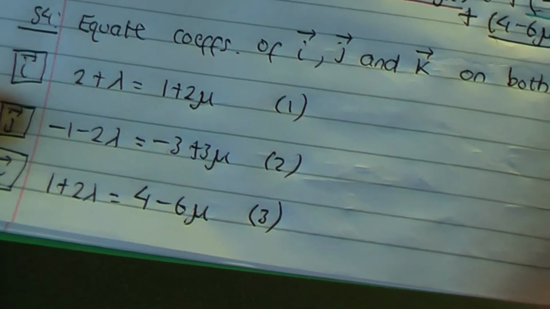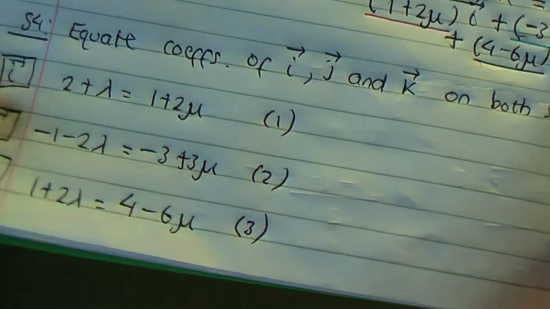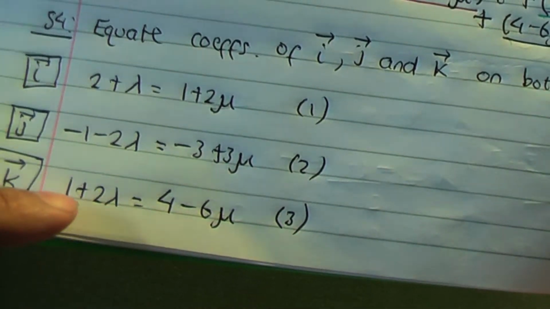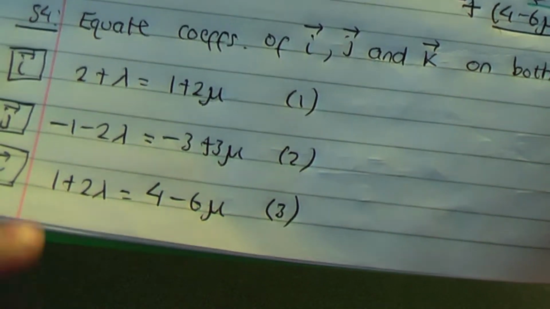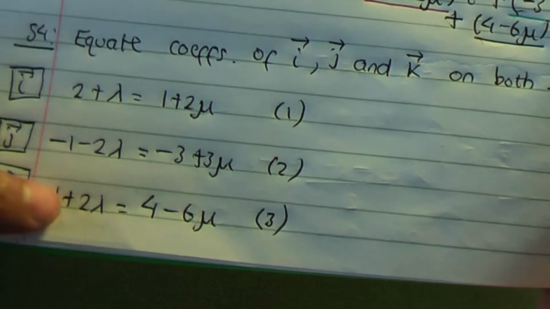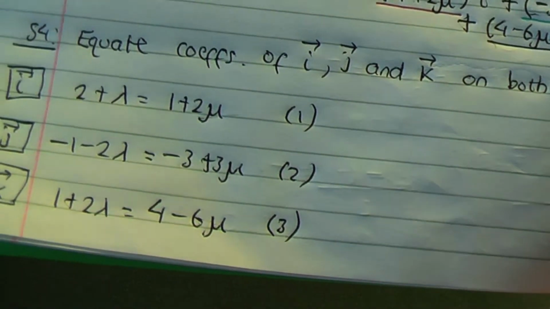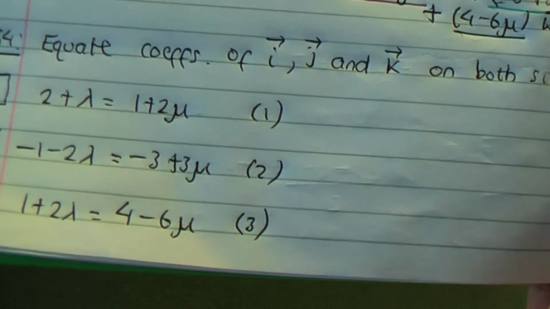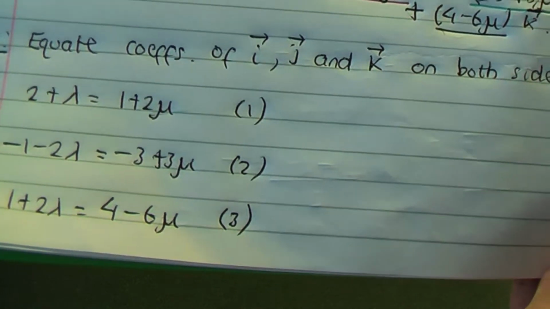So looking at my 2 equations, if I take, for example, equations 2 and 3, I'm taking 2 and 3 purely because if I add them, my lambdas will cancel each other out. So I'm going to take 2 and 3 and use only 2 and 3 to work out lambda and mu.